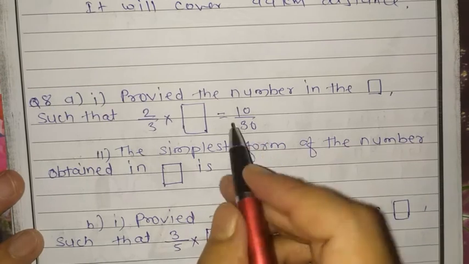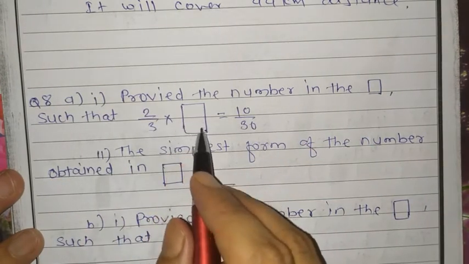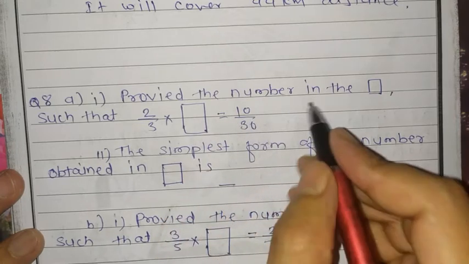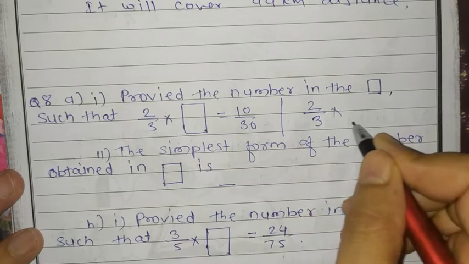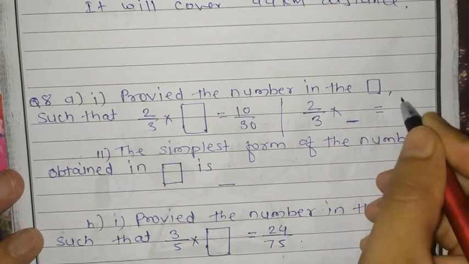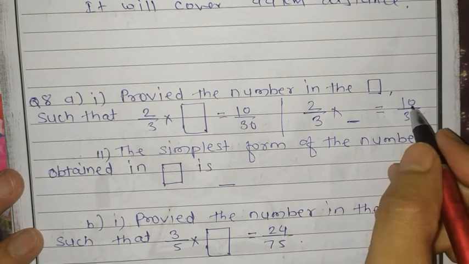Now we will go to the next question, question number 8. Provide the number in the box such that 2/3 into the missing number is 10/30. We solve in rough. 2/3 into the bracket equals 10/30. So how will we get 10?